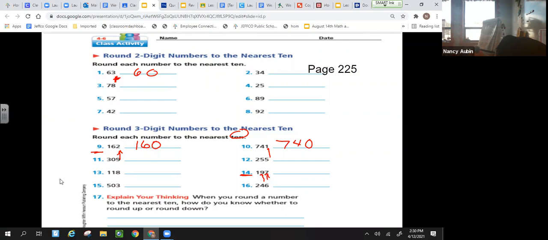Gavin, number 2, how would you round 34 to the nearest 10? Mr. Sanders, can you unmute, please? All right, Reese, number 2. How would I round 34 to the nearest 10?